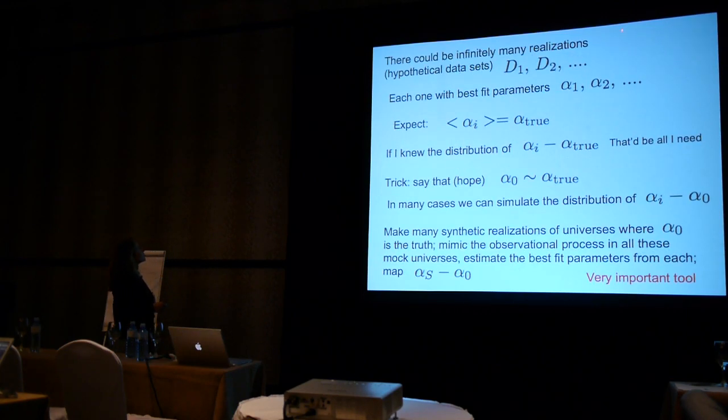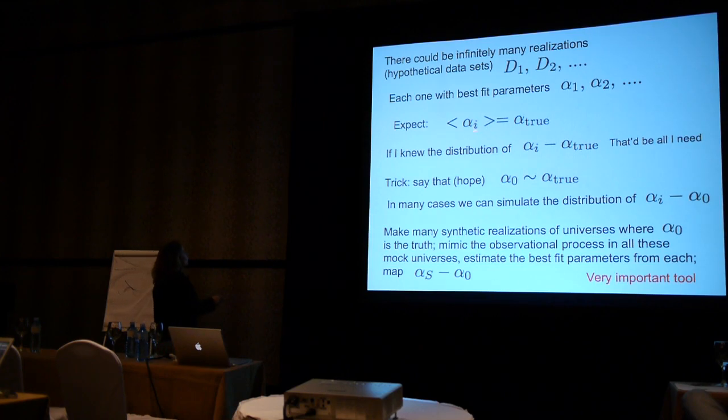So there could be infinitely many realizations of, say, hypothetical data sets, D1, D2, etc. Each one of them with best fit parameters, instead of alpha 0, alpha 1, alpha 2, etc. So you would expect that in the limit where you consider many of these realizations, the average value of all these best fit parameters will give you back alpha true.